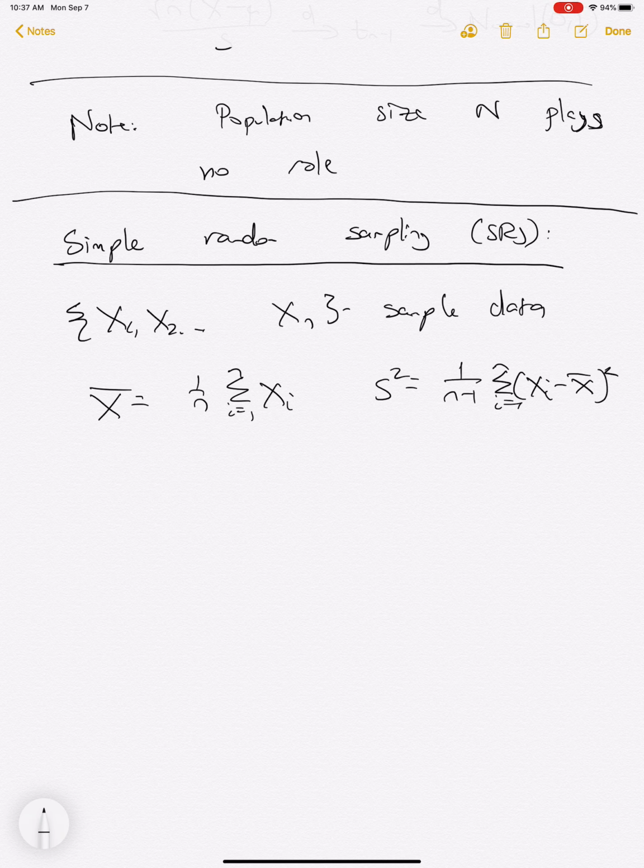Okay, and so the challenge here is that the xi's are not independent, but the xi's have the same distribution.